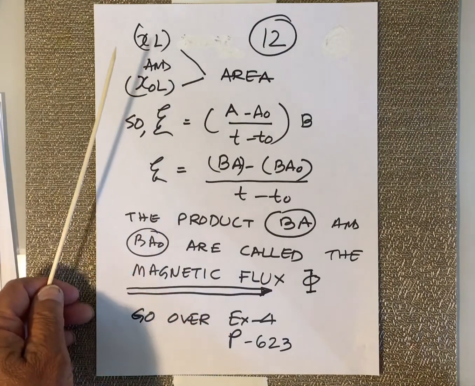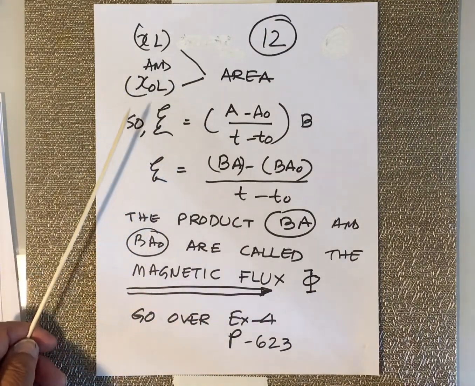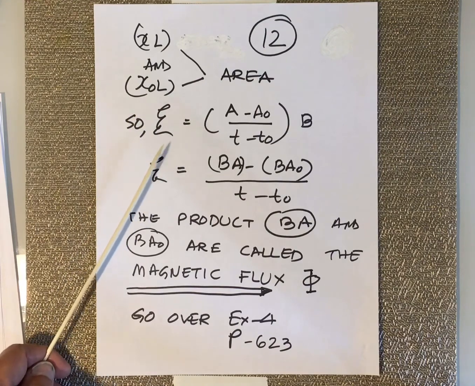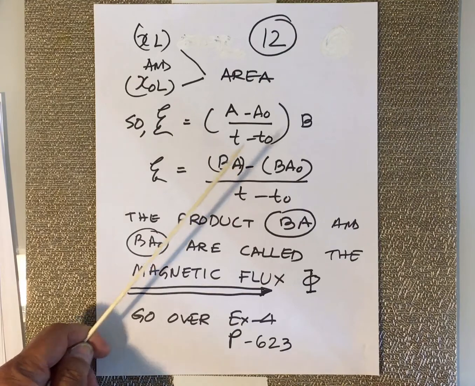Okay, xi we have to figure out. Now xl and x0l are area, x times length. So xi will be equal to a minus a0 over t minus t0 times b.